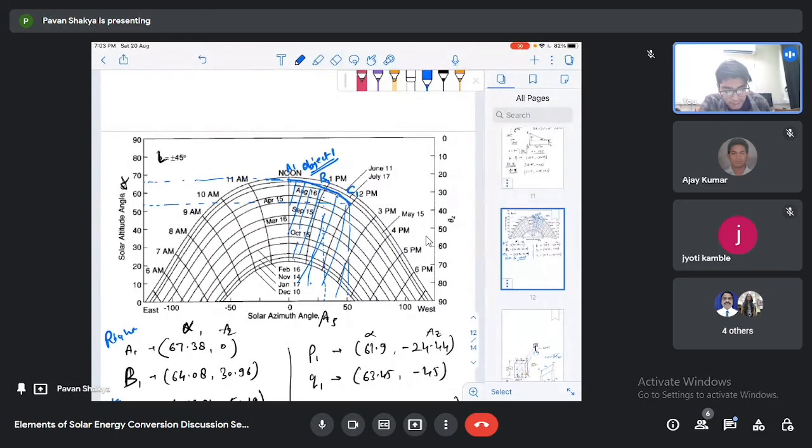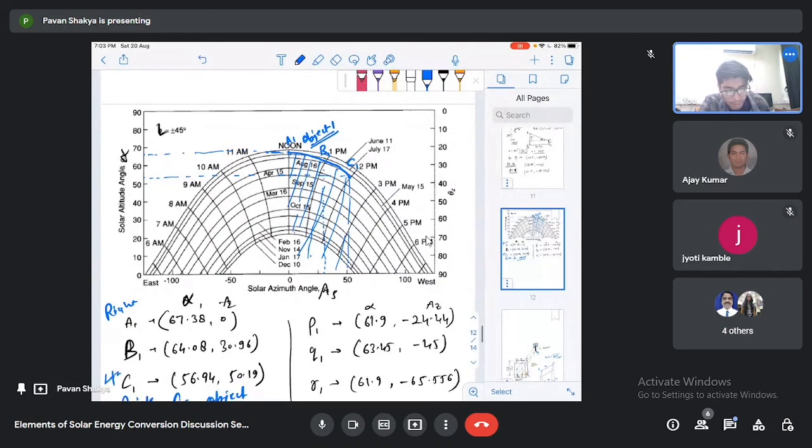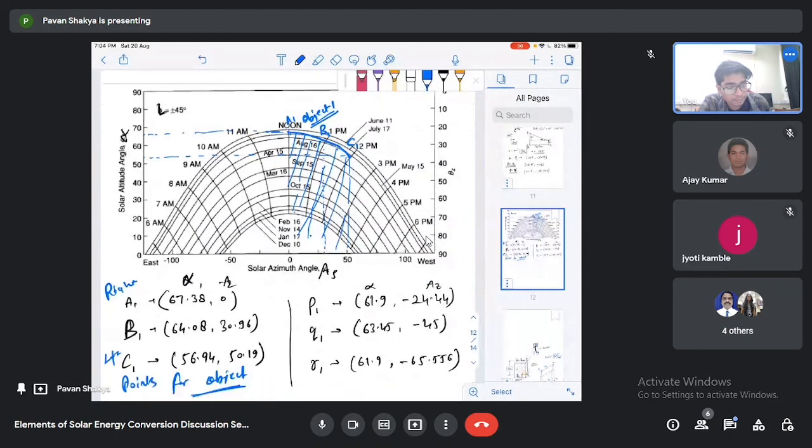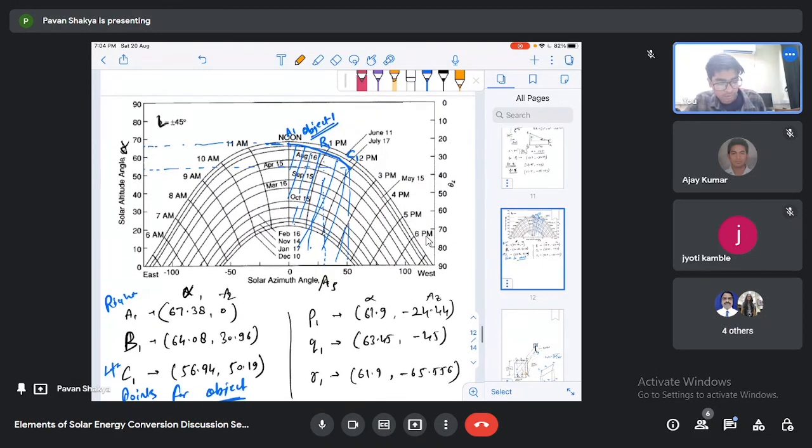Okay. Similarly I will draw these points P1, Q1, R1. Okay. So the azimuth angle for this curve is in negative direction. That is why I am just drawing it directly.